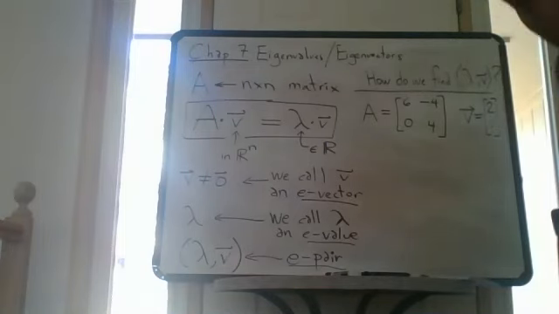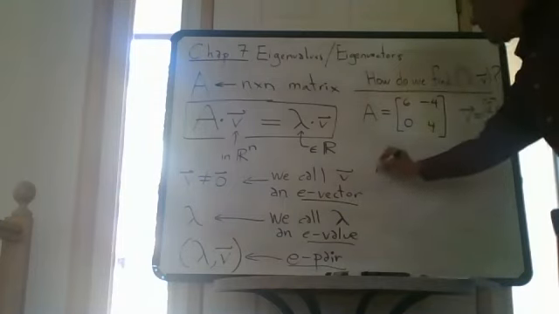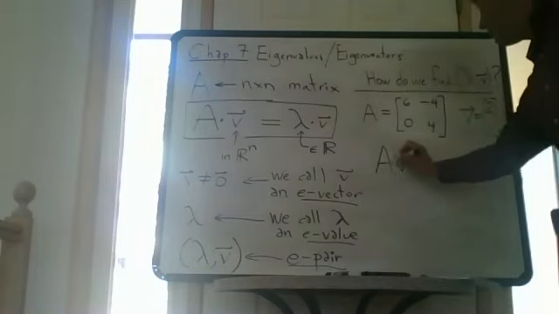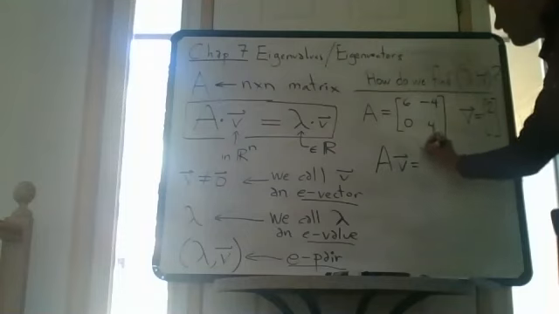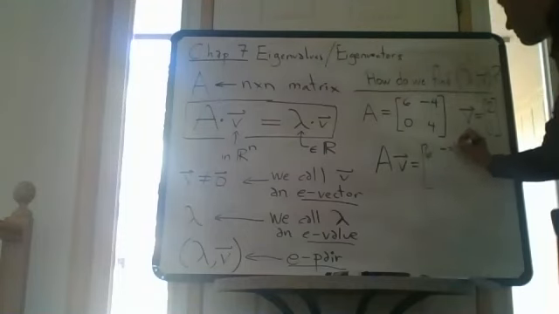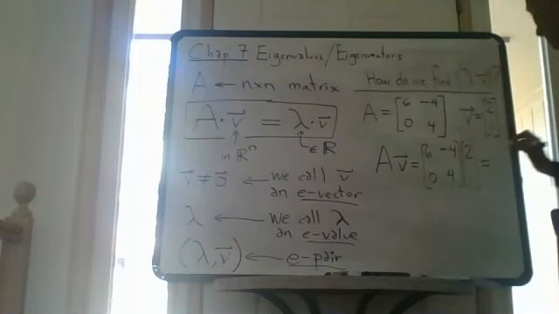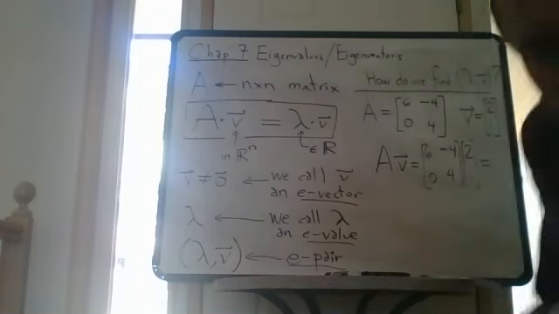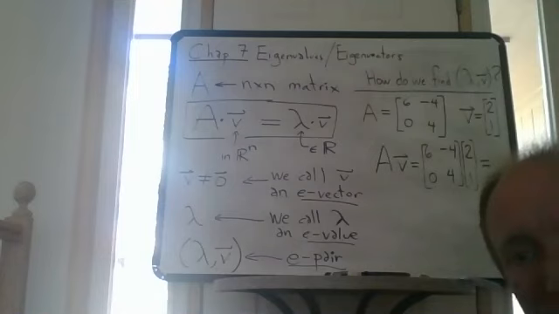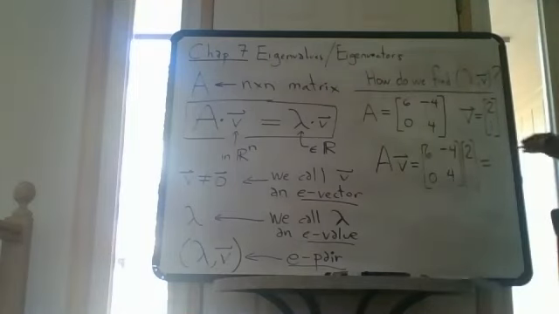Then let me calculate A times v. Here's A, the 2 by 2 matrix, and then I put down v. When you multiply this out using your usual matrix multiplication, what you get is 8 and 4.